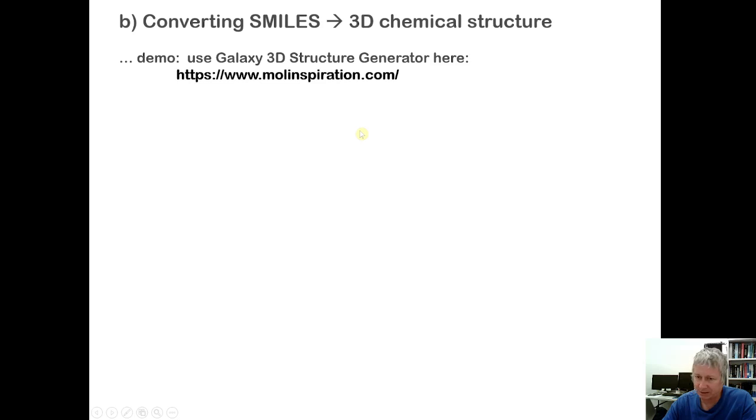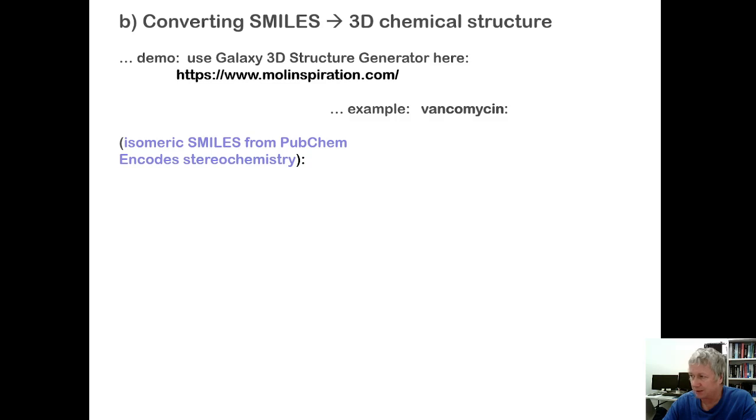So this is not available on the UC Irvine website, which is fine. We're going to do an example of vancomycin, which is one of these crazy antibiotics for drug-resistant bacteria. So we're going to get the isomeric SMILES. I did that already from PubChem.